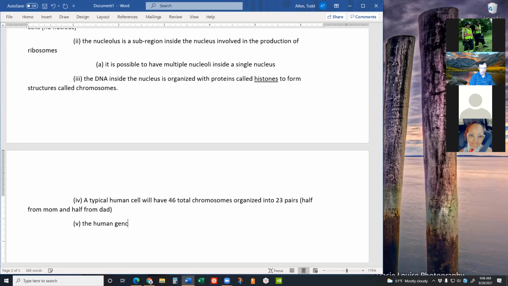The human genome refers to the genetic material of a haploid cell.